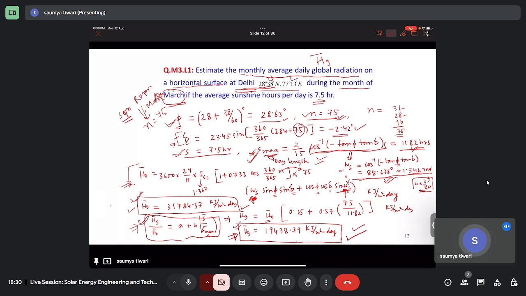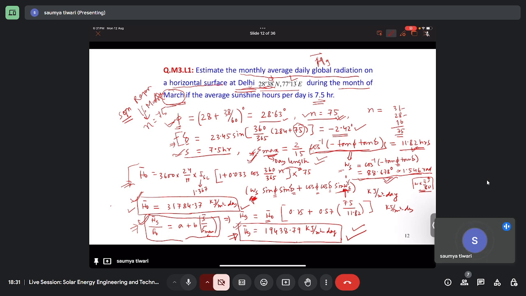Now, sir has explained this question in your lectures. We'll just see how the question has been approached. The question was to estimate the monthly average daily global radiation, so it is talking about Hg bar, right, on a horizontal surface at Delhi.